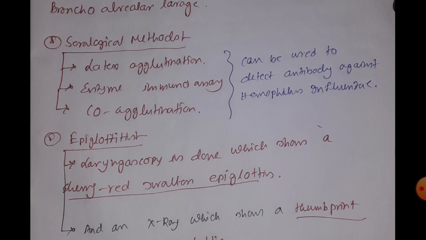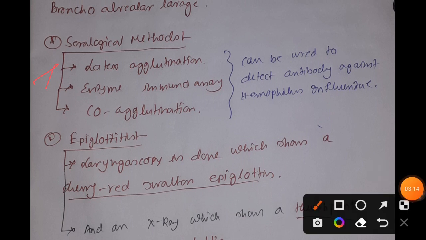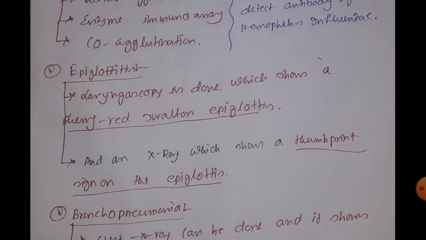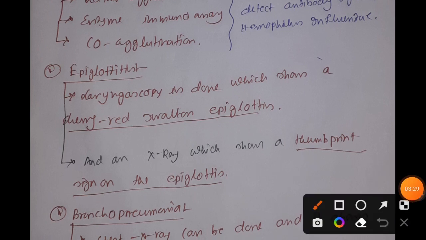Okay, so now the serological method. We can perform latex agglutination, co-agglutination and enzyme immunoassay to detect antibodies against Haemophilus influenzae. We have also discussed that the epiglottis is also affected by Haemophilus influenzae, right?